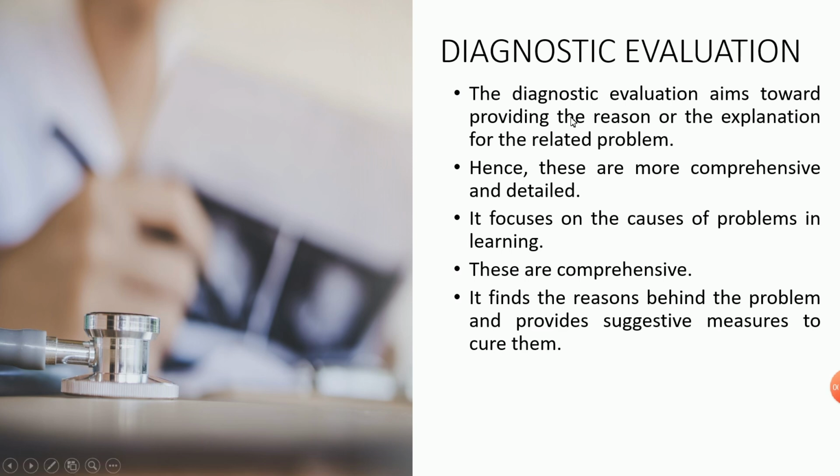So all these things should be considered and evaluated, and the teacher has to provide the necessary solution. If not the complete solution, the teacher has to provide at least a viable solution for effective learning of the student. So here these are more comprehensive and detailed.